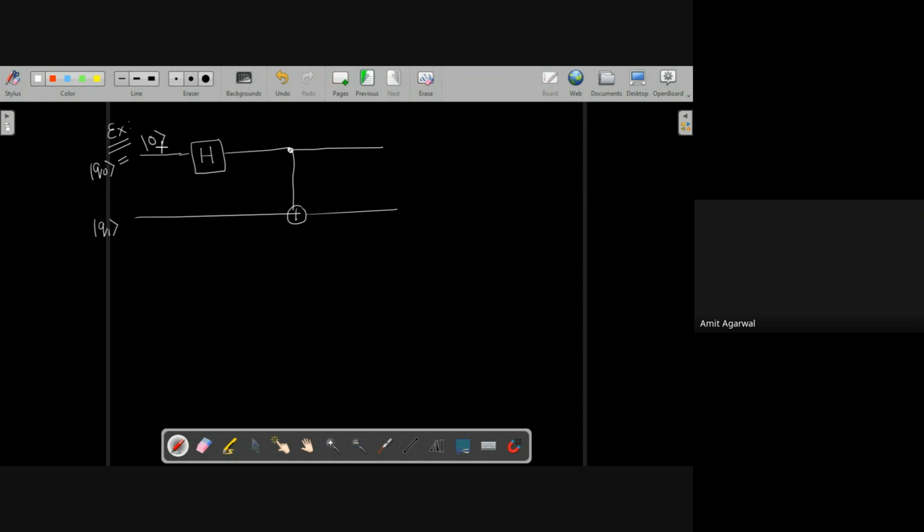We will take a particular case where our Q0 is in the 0 state and Q1 in the 1 state.